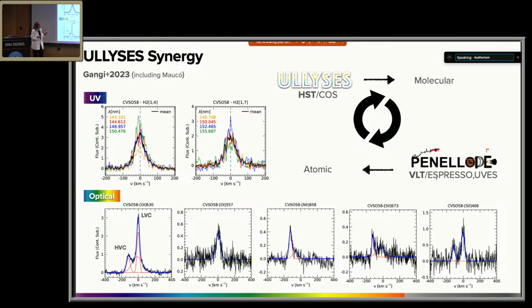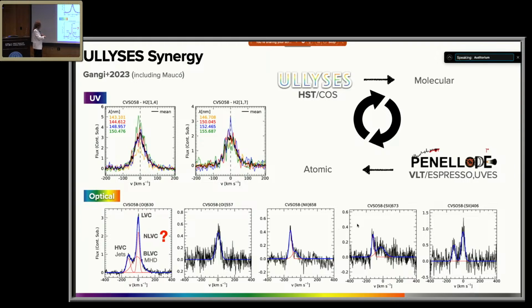In this recent work from Manuel Ganji in 2023, we took the Orion observations, 11 targets in Orion, and he simultaneously studied the H2 lines from COS on Hubble and also the optical emission lines, in this case the oxygen 1 line at 6300 and different forbidden lines in the optical, and he simultaneously fit these lines with different Gaussian components.